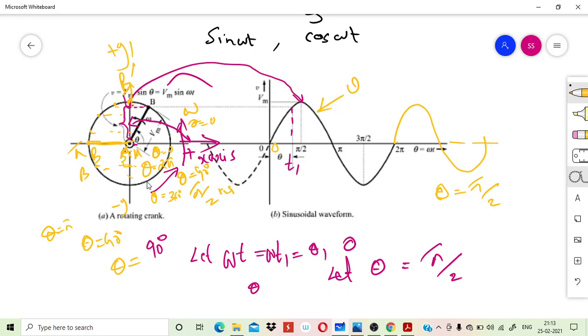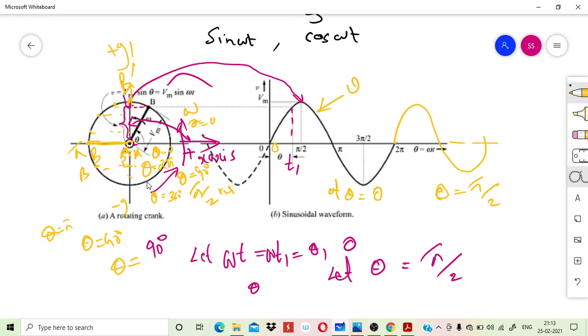So the phasor at theta equal to 0 for the cosine function will start from the positive y-axis. That means the phasor starts from the positive y-axis.